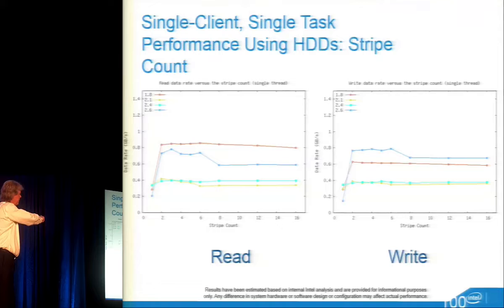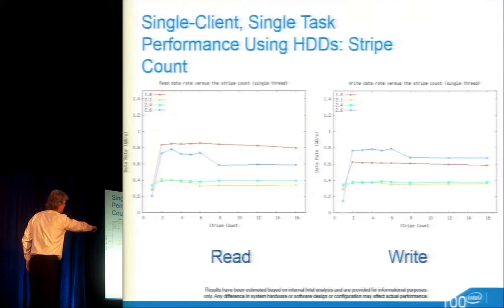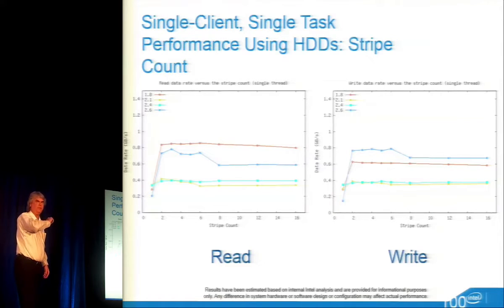When you increase the stripe count, you're getting way more than linear speedup from 1 to 2. We've got up to 16 stripes. There were 4 OSTs on each of 4 OSSs, so 16 is the maximum possible stripe count. From 1 to 2, you're seeing this big speedup in both 1.8 and 2.6, but not, interestingly enough, in 2.1 and 2.4.